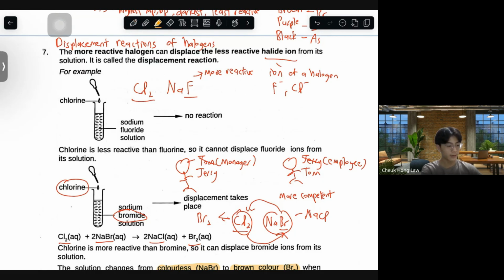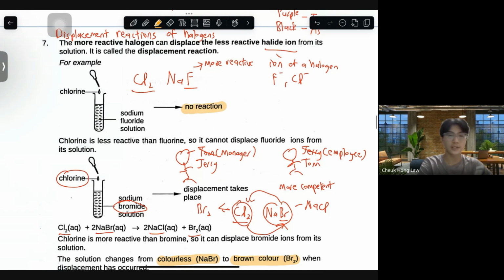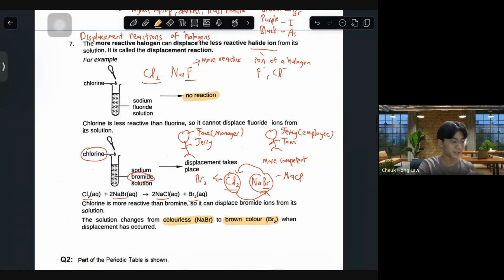Just like how if Jerry was less competent, he wouldn't be able to replace the manager. So chlorine is not able to displace fluoride ions from sodium fluoride. So no reaction will happen. As simple as that. That is your displacement reactions of halogens.